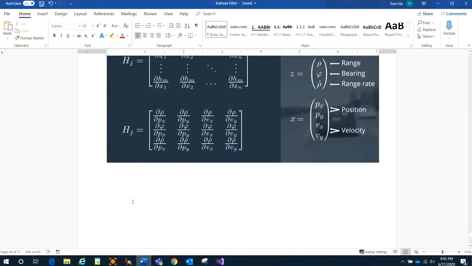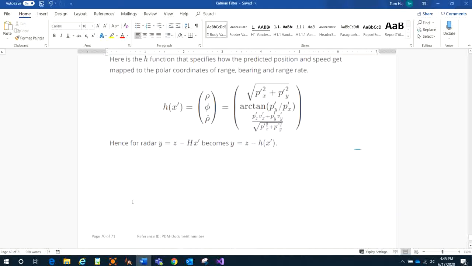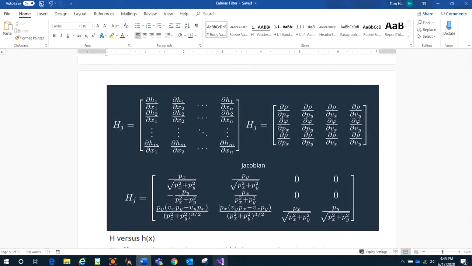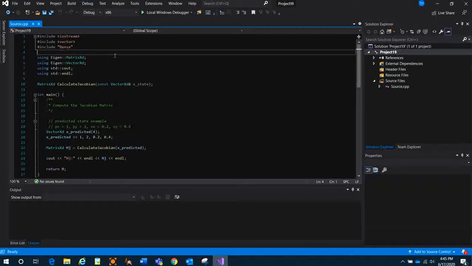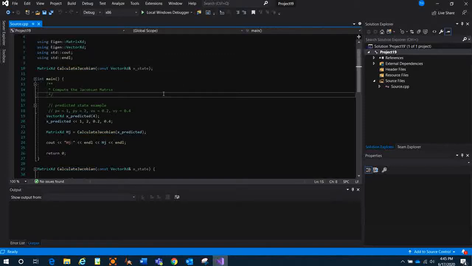Because of nonlinear motion, nonlinear measurement. So in this example, you look at this. We use the Eigen library. We define the function CalculateJacobian, right?